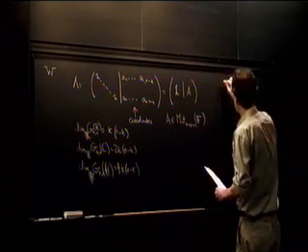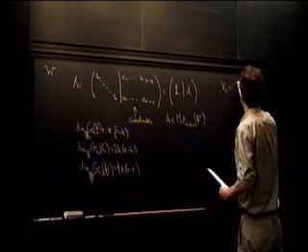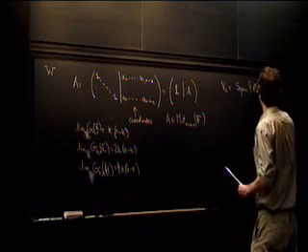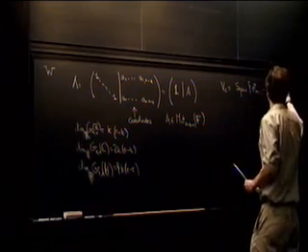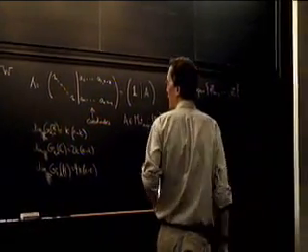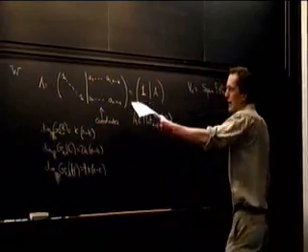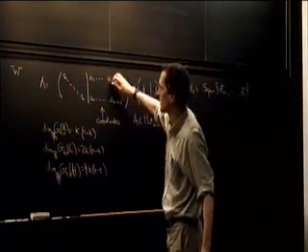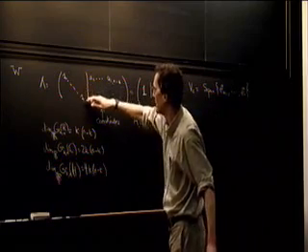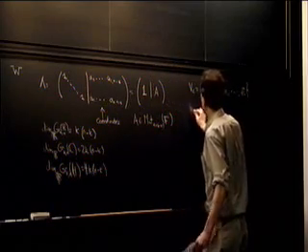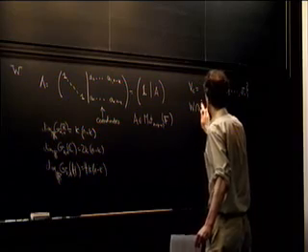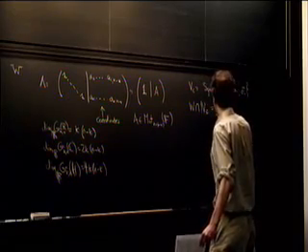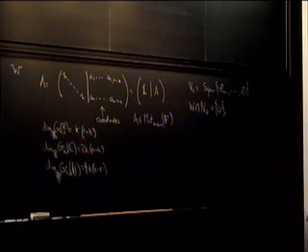Let V_C be the span of e_{k+1} through e_n. Okay? So I claim that any subspace W, which has a set of basis vectors that looks like this, has the property that W intersect V complementary is the zero vector space. And why is that?